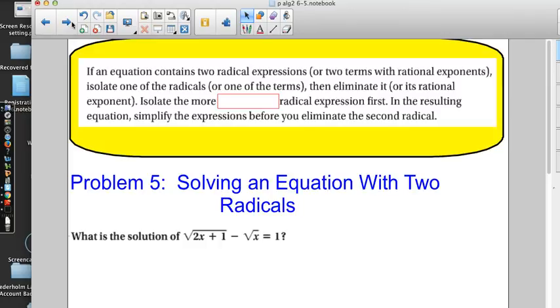So we want to get rid of the toughest one first, and then work our way to get rid of the other one. So it says isolate one of the radicals, one of the terms, then eliminate it or its rational exponent. Isolate the more complicated radical expression first. Make your life a little easier by getting rid of the most difficult one first. Then, go after it again. You still have a root in it, just keep going and see what you can get.